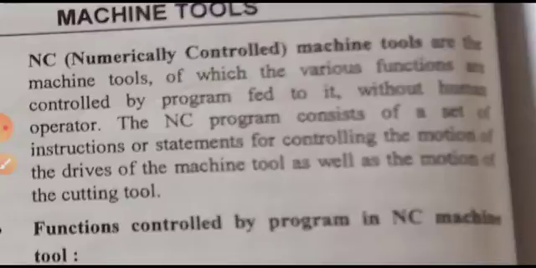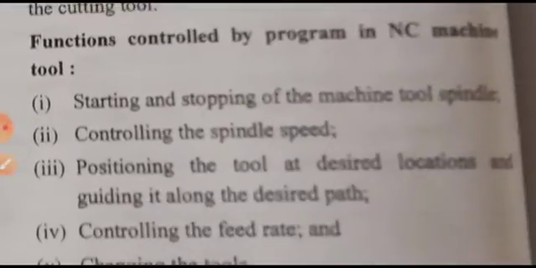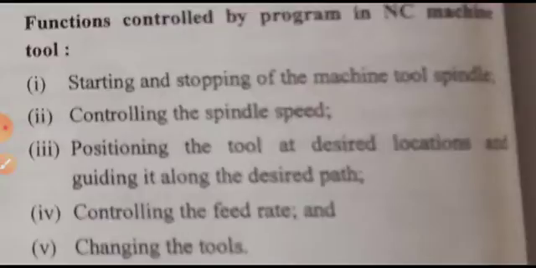The NC program consists of a set of instructions or statements for controlling the motion of the drives of the machine tool as well as the motion of the cutting tool. This numerical control program fed to the machine performs the different operations without interference of the human.